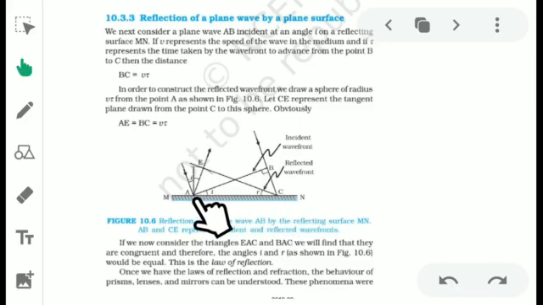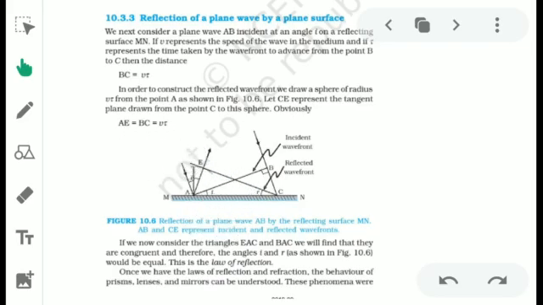Now each point on the incident wavefront sends out wavelets in the forward direction. So here from B to C the wavelet is coming, and at the same time from A to E the wavelet is there. That means the distance AE is equal to the distance BC, that is equal to V tau.